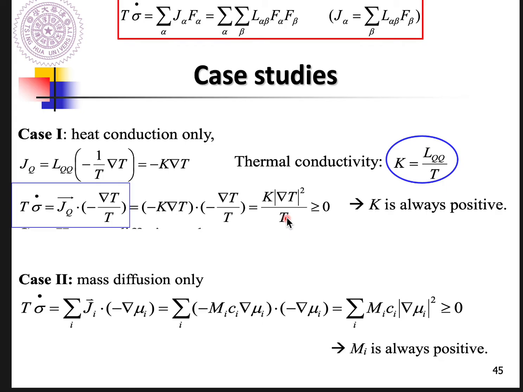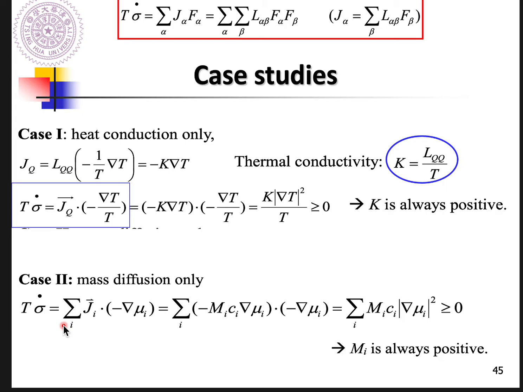The concentration gradient implies that there's definitely a chemical potential gradient along these materials.